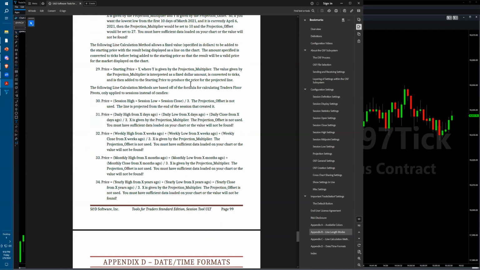And here we have others that do different things, like here you can calculate traders' floor pivots based off of session values. So there's a lot of different formulas here, and it really depends on what you're doing as to which of these formulas may be potentially useful.